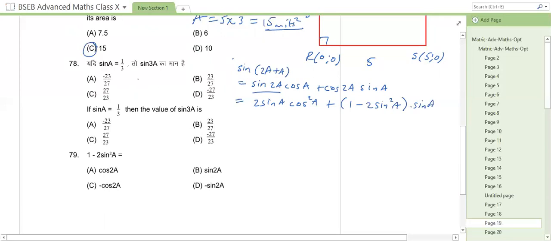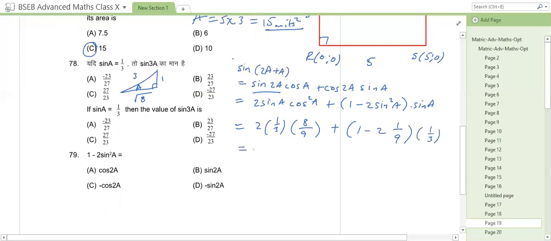Now we can draw a diagram here. Sine A is equal to 1/3, with opposite 1 and hypotenuse 3. That is angle A. The adjacent side is the square root of 9 minus 1, which is 8. So 2 sine A, 2 into 1/3, times cos squared A, which is 8/9, plus 1 minus 2 sine squared A, which is 1 over 9, times sine A, which is 1/3.